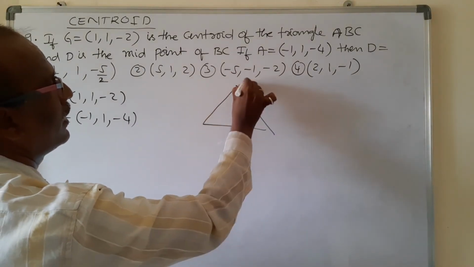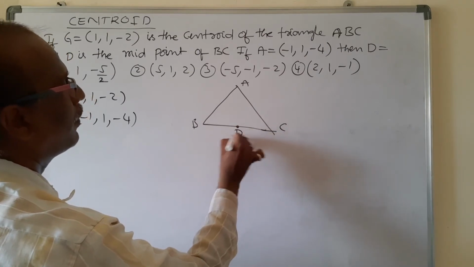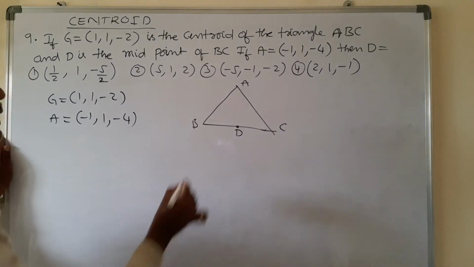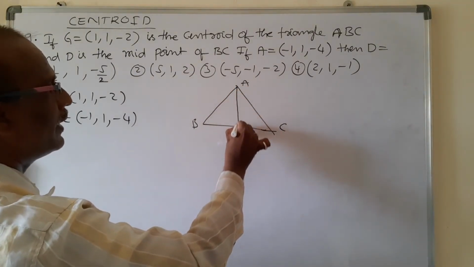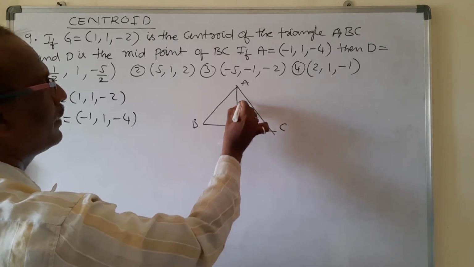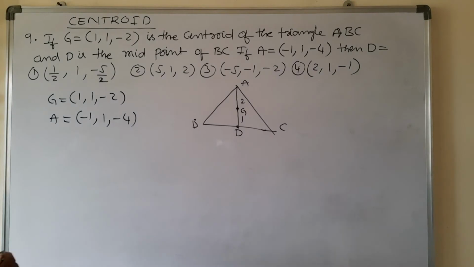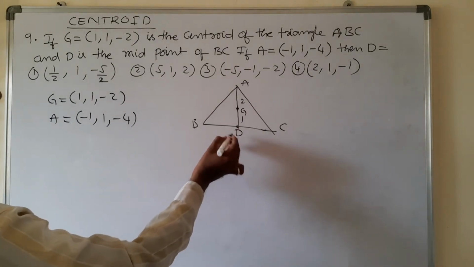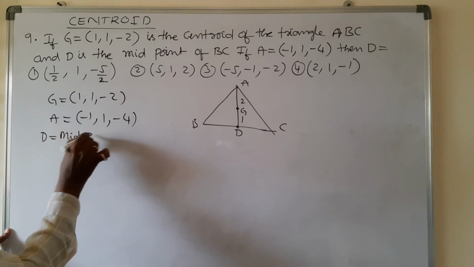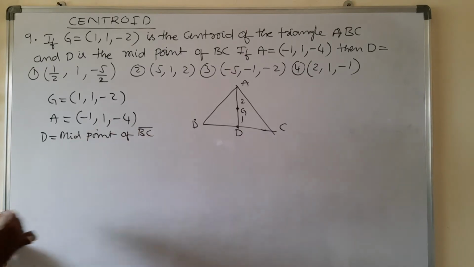ABC is a triangle. D is the midpoint of BC. AD is the median. This is the centroid. The centroid divides the median in the ratio 2 to 1. To find the coordinates of D, D equals the midpoint of BC.